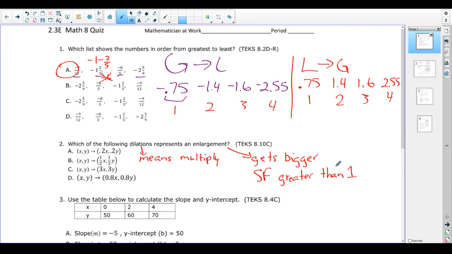Without looking at my answers, I know that I'm looking for something being multiplied by x and y greater than 1. So 0.2, that's not it. 1/2, that's not it. 3, it is. 0.8 is not. You also got to look at this and say which of these is not like the others. If it's an enlargement, it's something greater than 1. The rest of these are less than 1. Those would all be reductions.